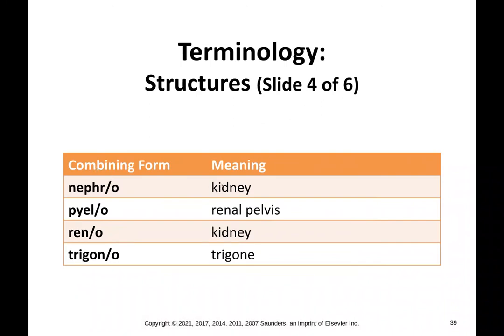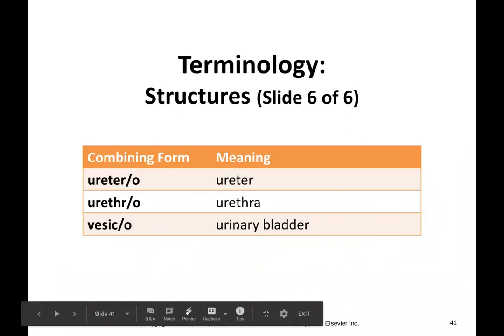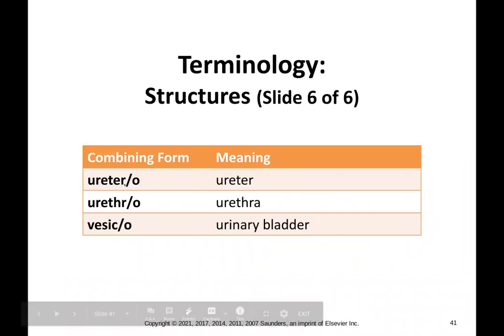Nephro, kidney. Pyelo, which is pertaining to the renal pelvis. Reno, or kidney. Trigono, trigone. Uretero, meaning ureter. Urethro, meaning the urethra. And vesico, or vesic, pertaining to the urinary bladder.